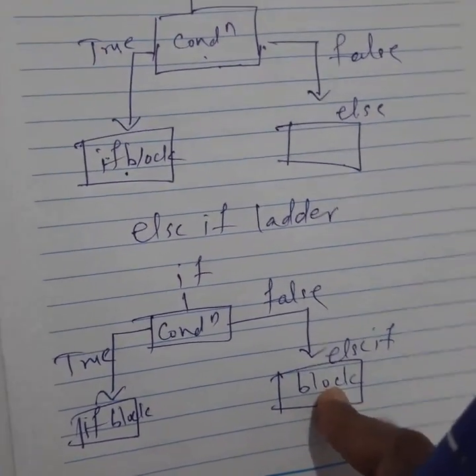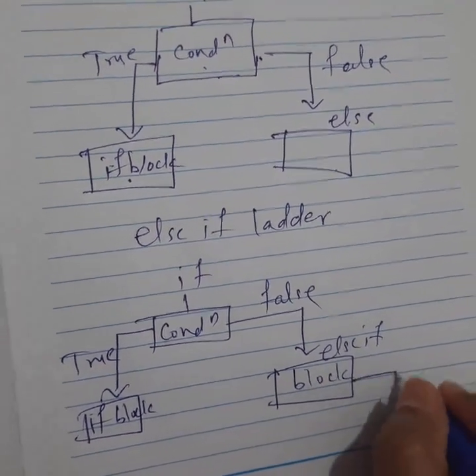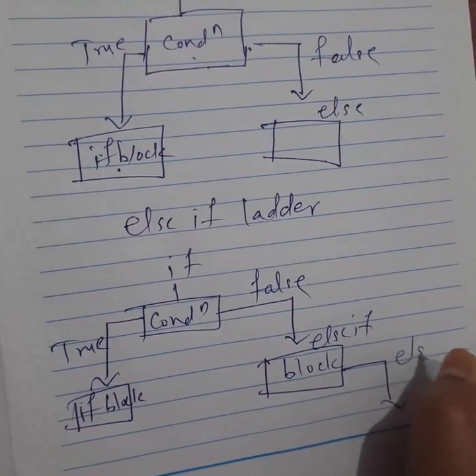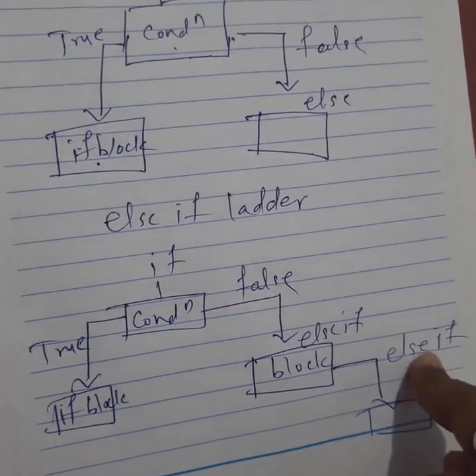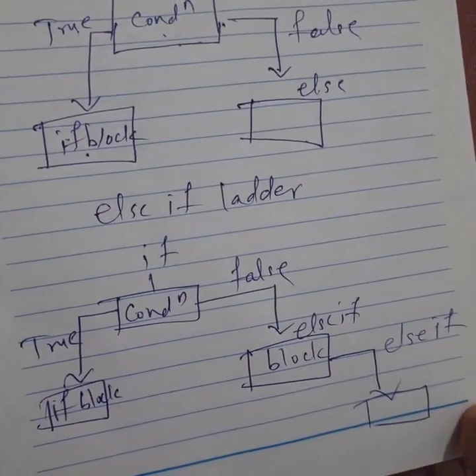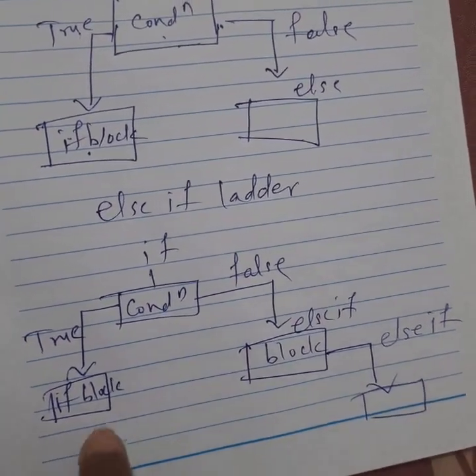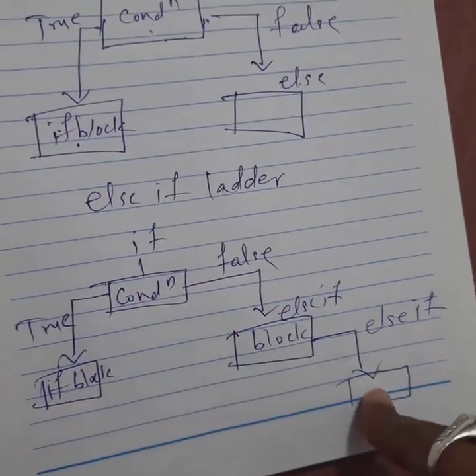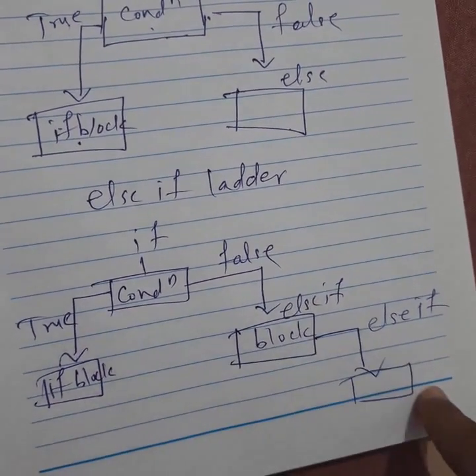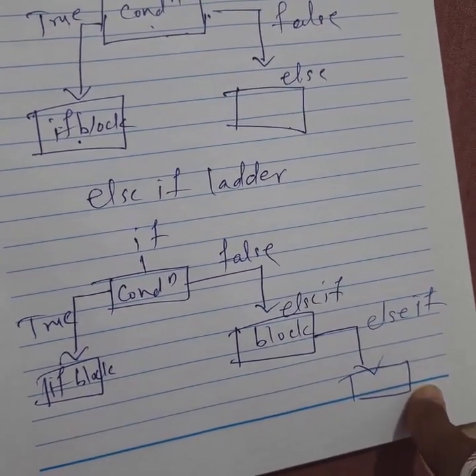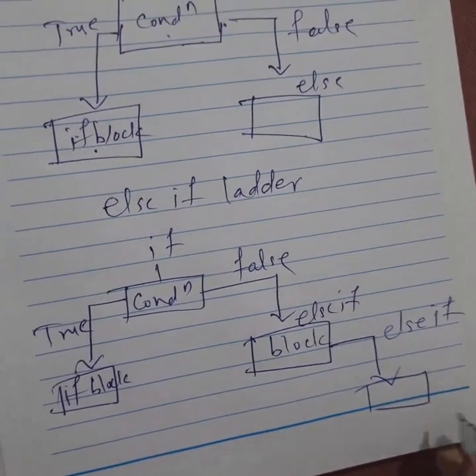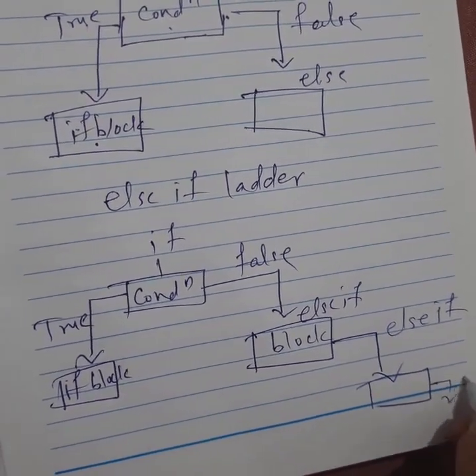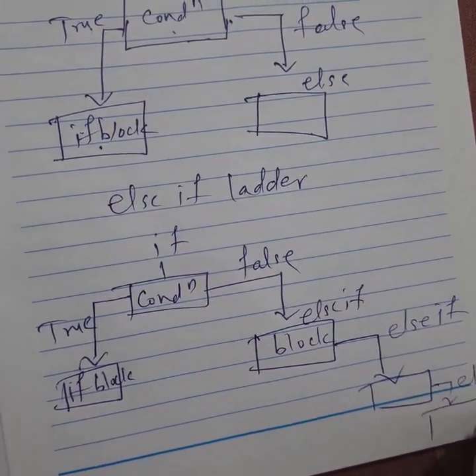If this condition is again false, a new else if block comes here and executes. If this is also false, again a new else if block comes. When our else if conditions finish, only one condition will remain.